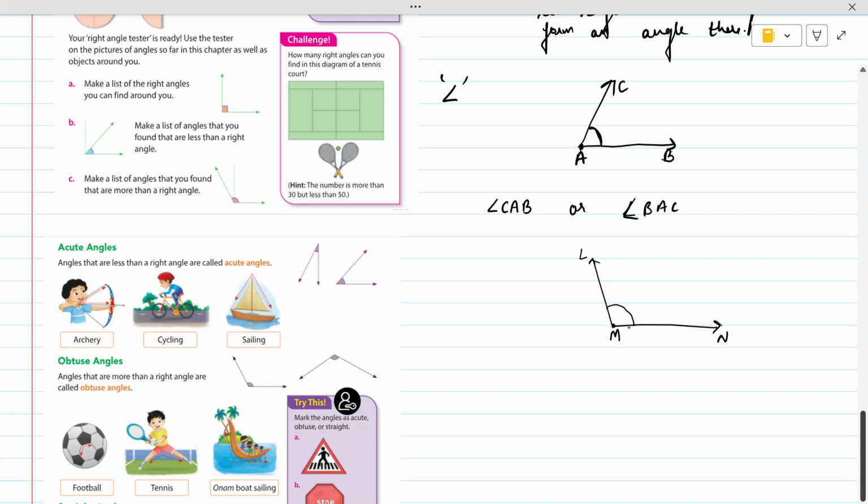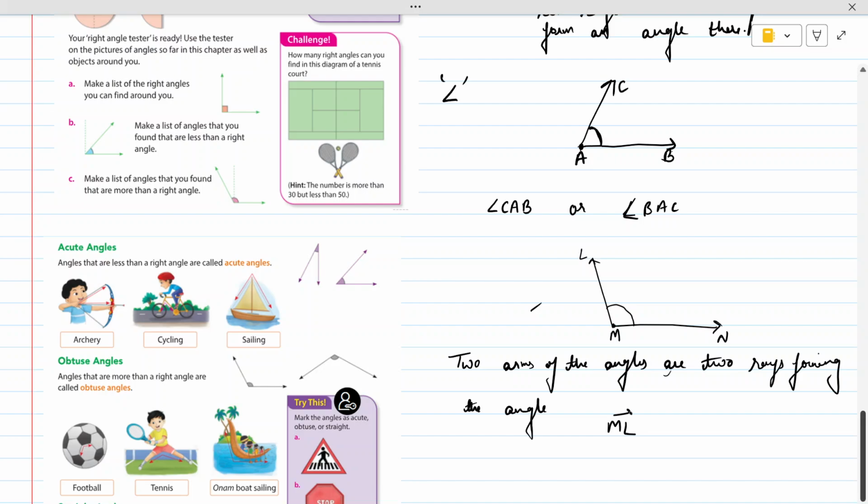And if somebody asks you what the two arms of the angle are, the two arms of the angle are the two rays forming the angle. So in this particular scenario, ML and MN are the arms, or the two rays which are forming the angle.